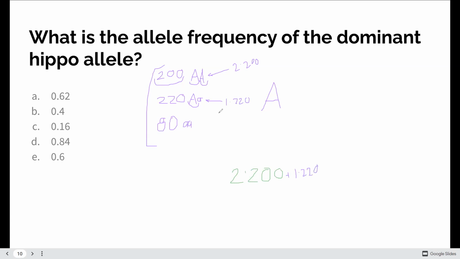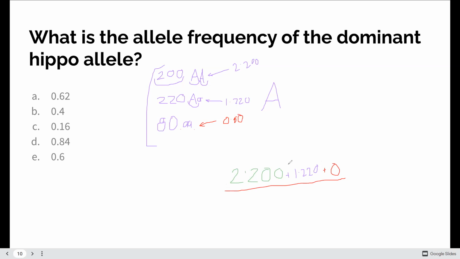And then we add the number of times we see the capital A within this third genotype. We see it 0 times in this genotype, so 0 times 80 is obviously going to be 0. And so this is the total number of times we see the allele in this population.